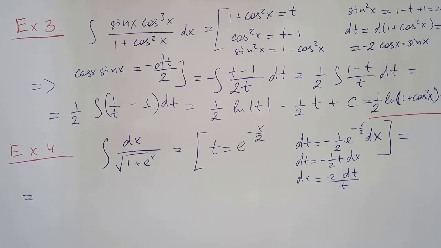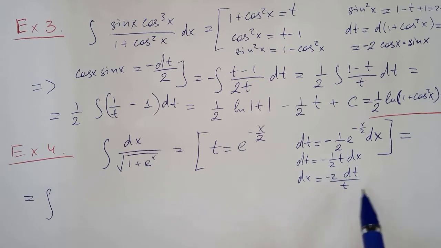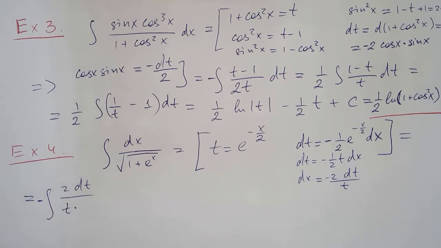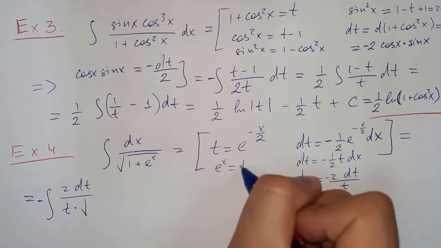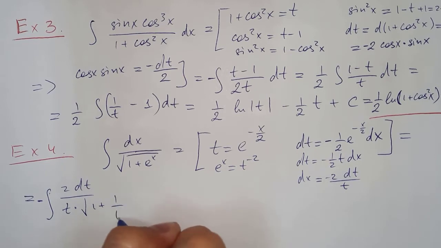Okay, and now let's put our new variables into our integral. For dx we have minus 2 dt over t times this one. So e to the power of x is t to the minus second power, so it is the square root of 1 plus 1 over t squared.